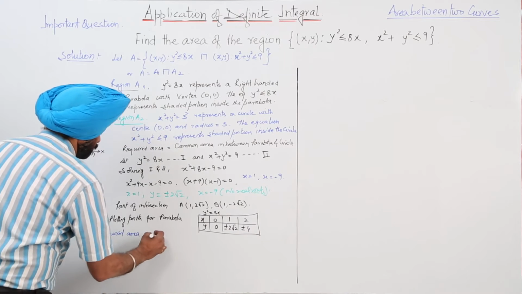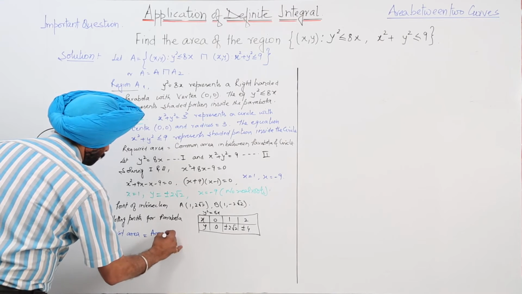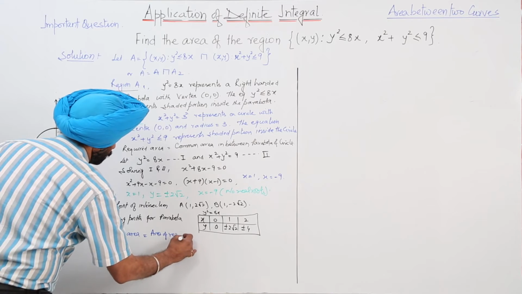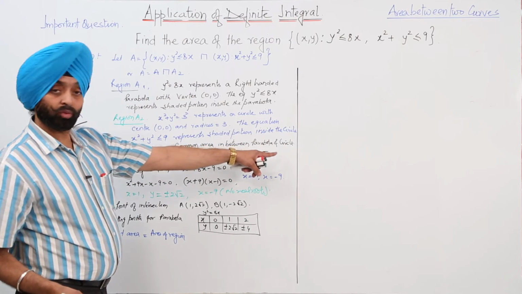Now the required area is equal to the area of the region, the common area between the parabola and the circle. Okay.